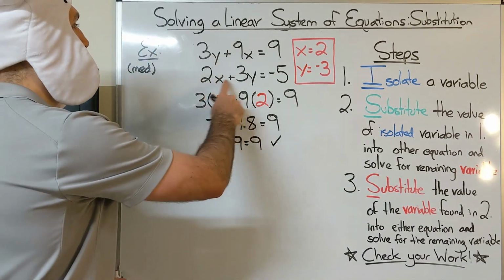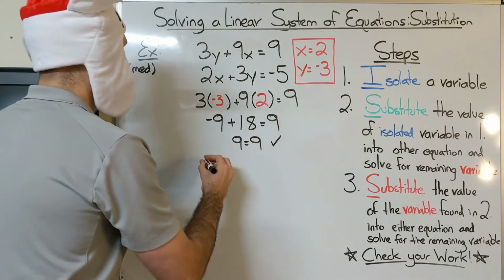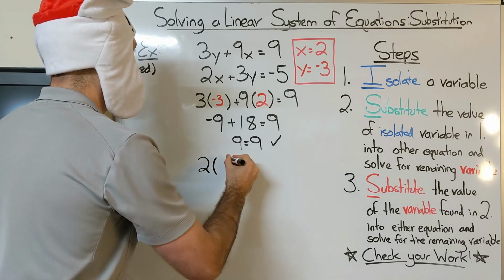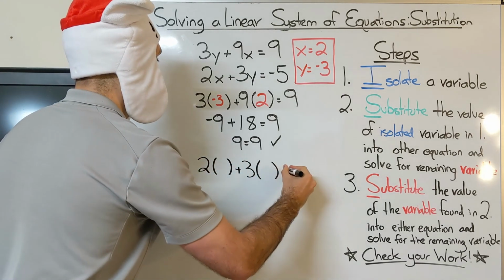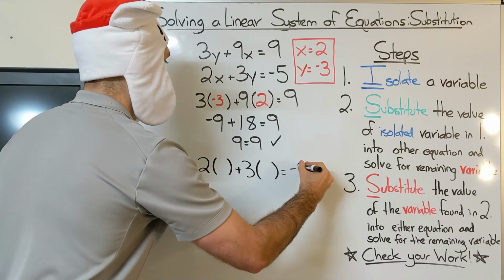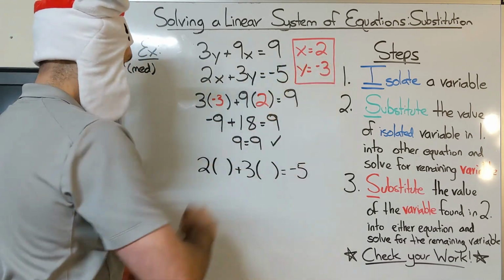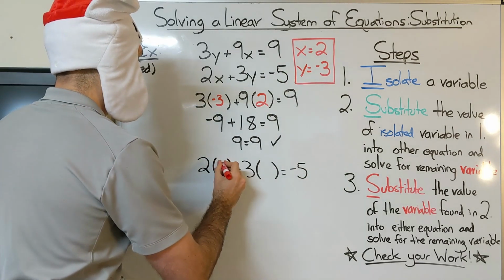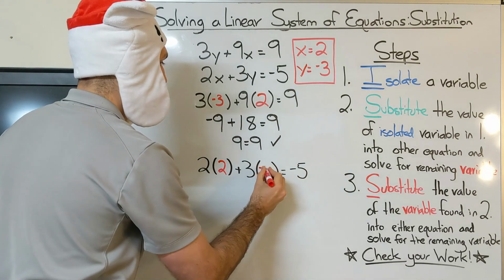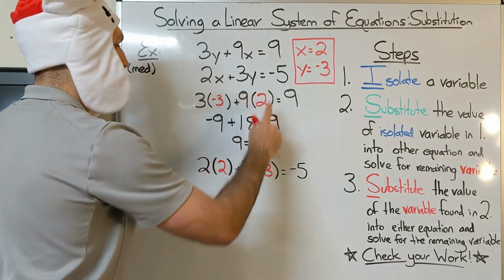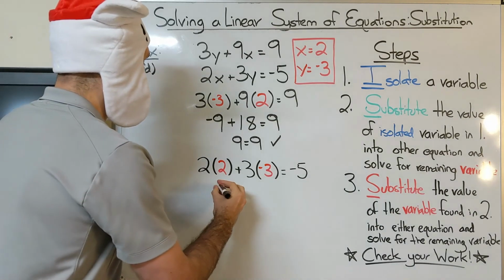Let's again substitute into our second equation and make sure that this one is true. So we had 2 times x plus 3 times y equals negative 5. We believe the value of x to be 2, so instead of that x we're going to write 2. We believe the value of y to be negative 3, so instead of y we're going to write negative 3, and let's again simplify this and ensure that this is correct.